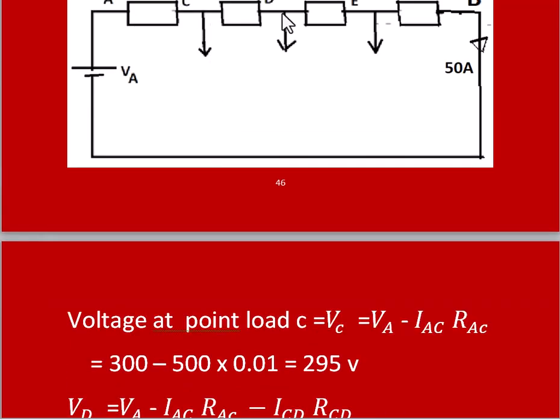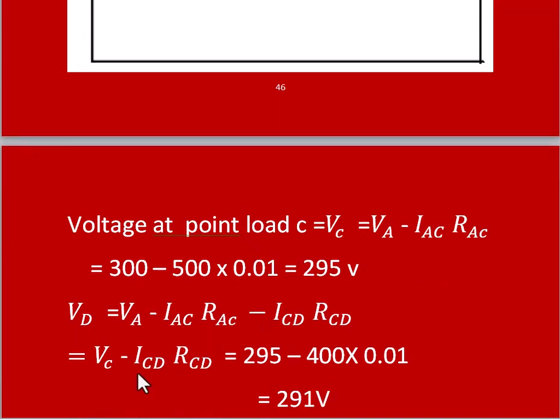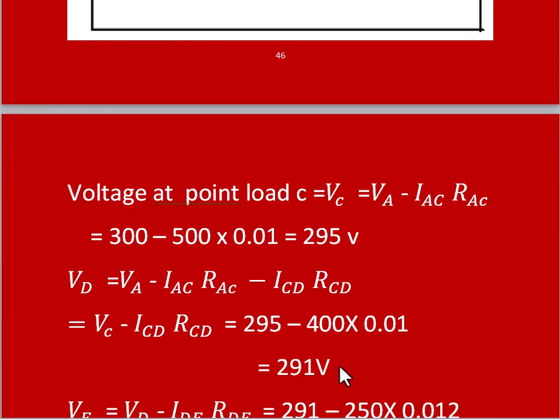Similarly, to get the voltage at point D, the voltage across CD must be subtracted from the voltage at point C. So that is VC minus ICD RCD. VC is already calculated, ICD is also known, RCD is also known. So substitute those values here, then we get VD value as 291 volts.